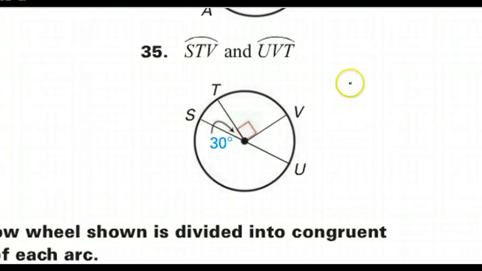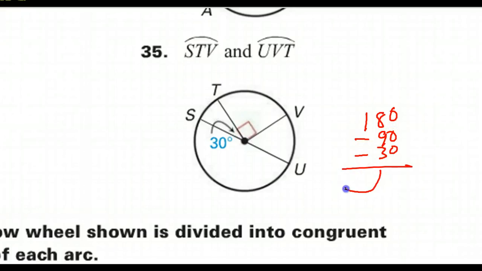So again, we're dealing with the semicircle here. This is 90 and that's 30, so I could simply do 180 minus 90 minus 30, and whatever's left should be this angle right here. And that is going to be 60.